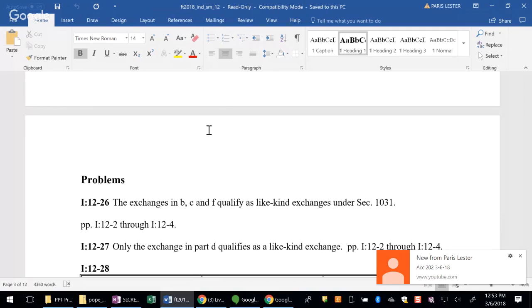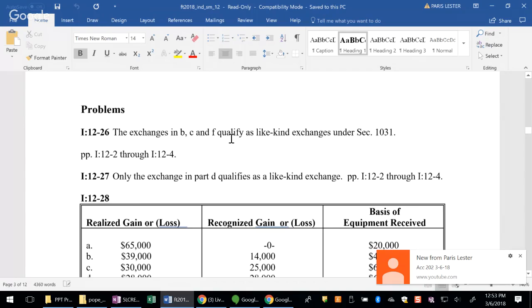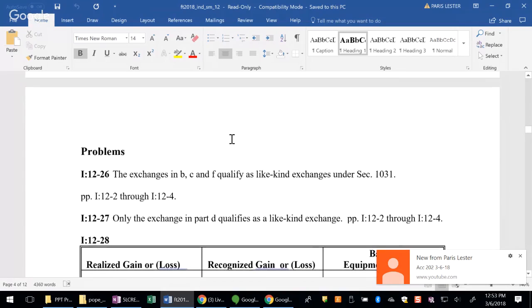How much of that's taxable? 0. That's the good thing about it. Non-taxable exchange. 0 on that is recognized. 65 is realized, 0 recognized, 0 tax. However you want to put it, okay?